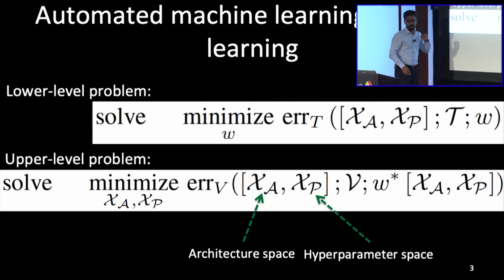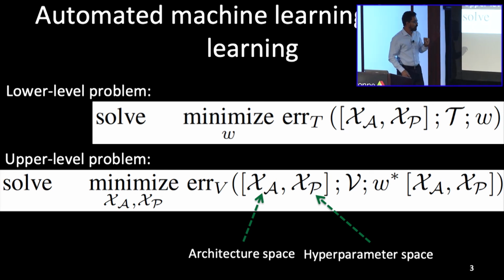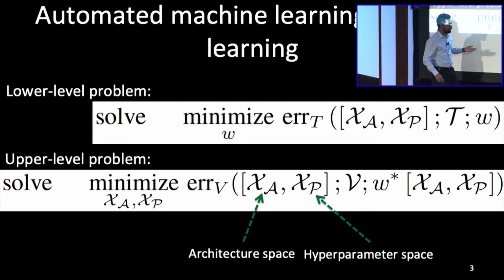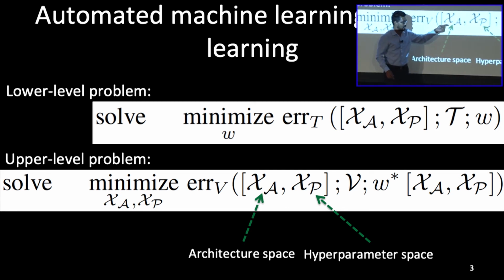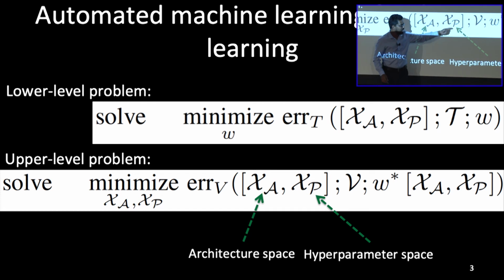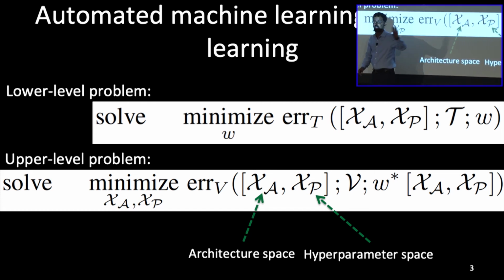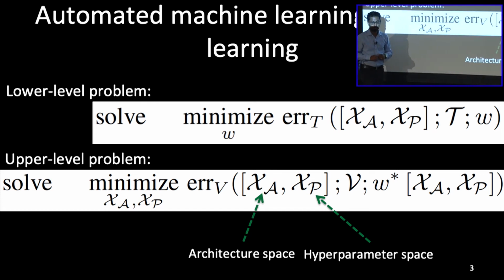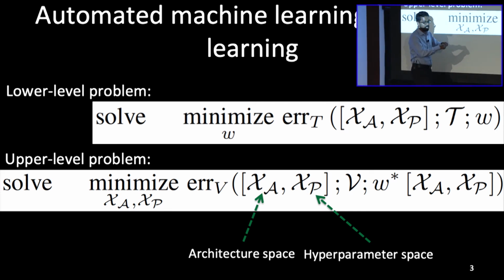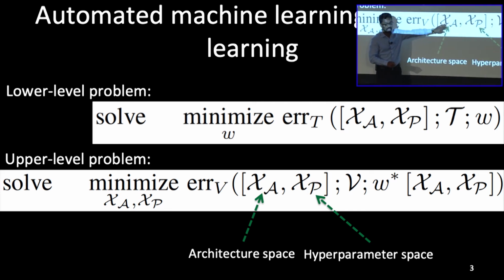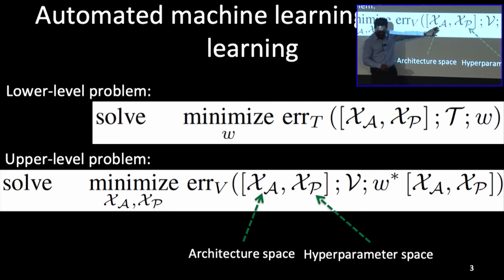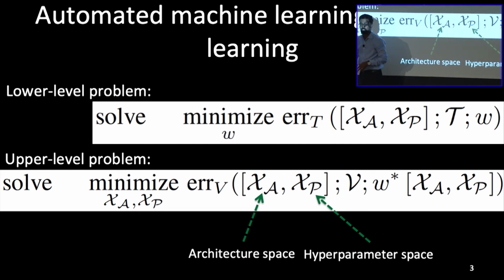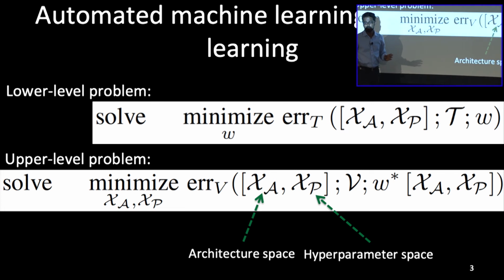But the upper level problem is one in which you identify the right architecture, or for a given architecture and a given set of hyperparameters, you solve a particular lower level problem. But if you think about it, there are many different architectures, and for each architecture there are different hyperparameters that I can try, so this problem becomes a lot more computationally expensive, right?